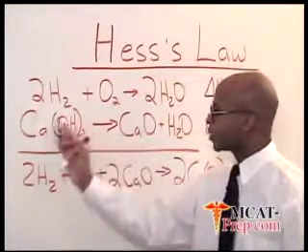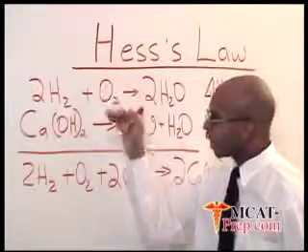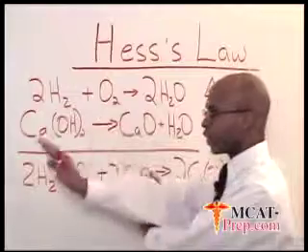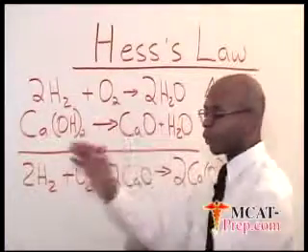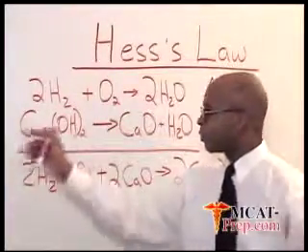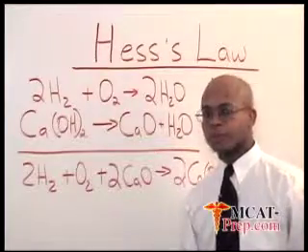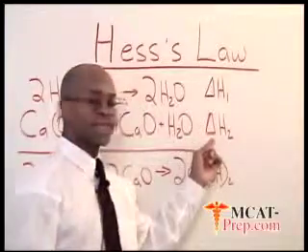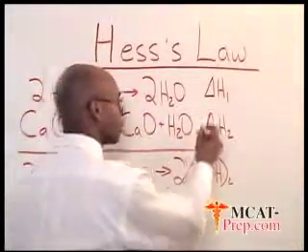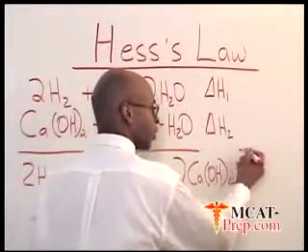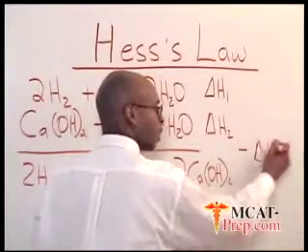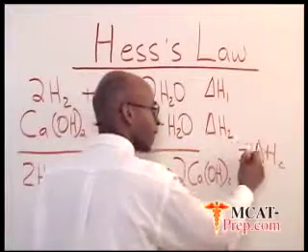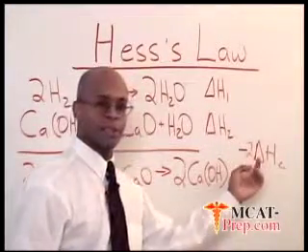So the only manipulation we would need to do before we add these 2 equations is we would need to flip this over, which is to invert the equation, and we would need to multiply through by 2. To invert the equation, we therefore would turn this delta H2 into negative delta H2, and then to multiply the equation through by 2, we also multiply the delta H2 by 2.